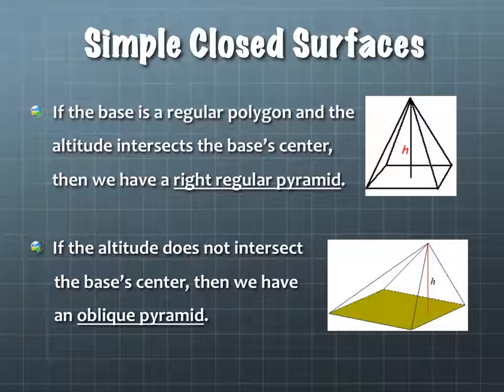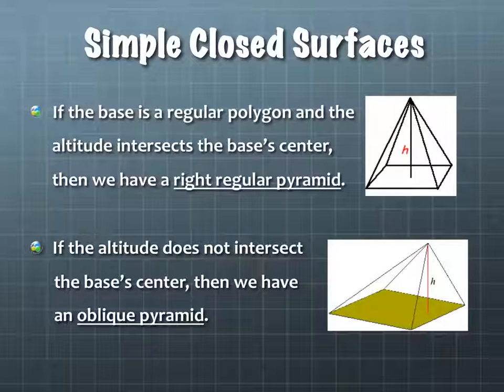If the base is a regular polygon, and remember, regular polygons have congruent sides and congruent angles, and the altitude intersects the base's center, then we have a right regular pyramid. So the word regular has to do with the fact that the base is regular.